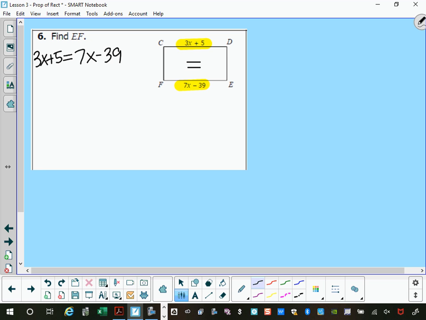You guys can solve by hand if you want, or this is the perfect time to do Desmos. You guys tell me what you get for x. 11. Okay, everyone should be getting 11. Make sure that you're practicing typing this in, because if you just wait for the answers, you're not really practicing.